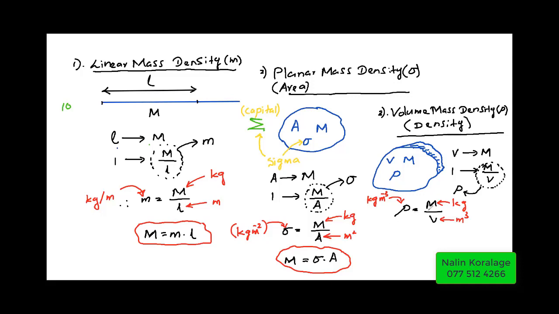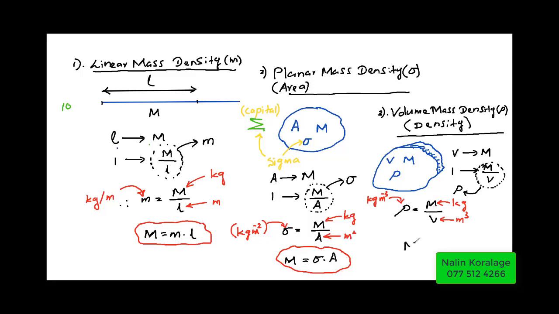But the terrible situation is that sometimes you happen to find the mass of the object in terms of volume and density. In that case, you can use this formula. So how can we do that? I'm going to make capital M the subject.